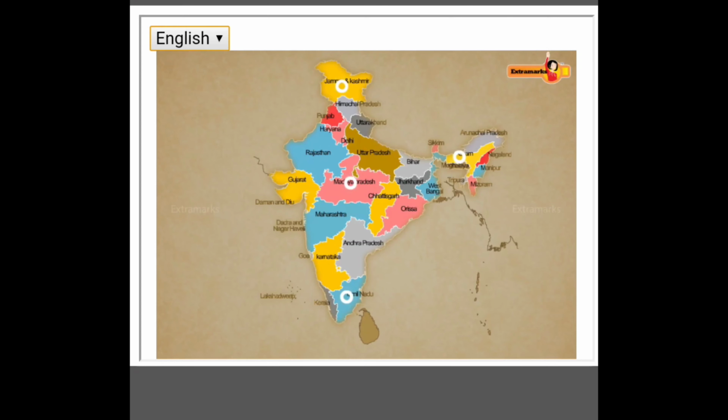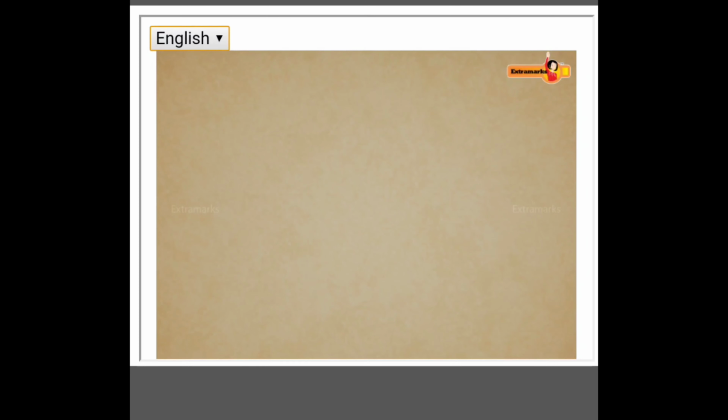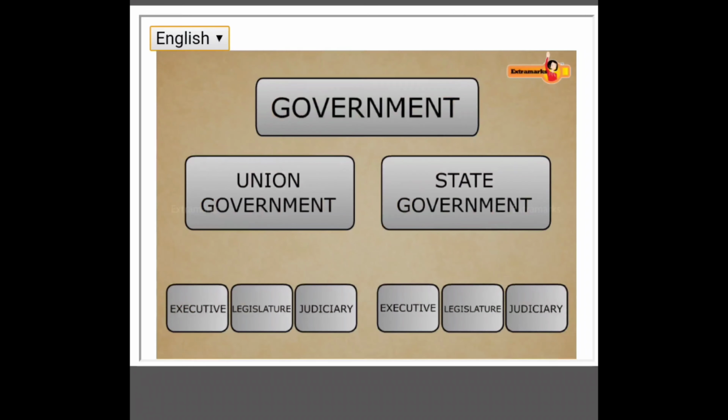The population in the federation is spread over 28 states and 7 union territories, 2 with their own elected governments. There are separate executive, legislative, and judicial arms of government constituted at both central and state levels.